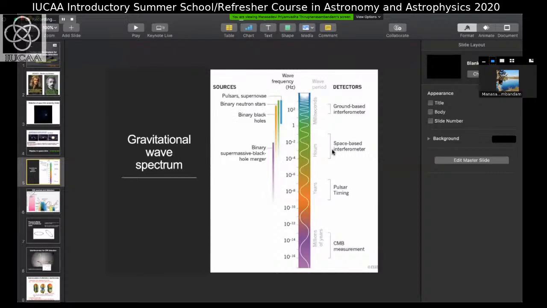One of the other kinds of detectors being pursued right now is space-based interferometers. There's a project called LISA that is working on building space-based interferometers, and they will be sensitive to sources like binary supermassive black hole mergers.